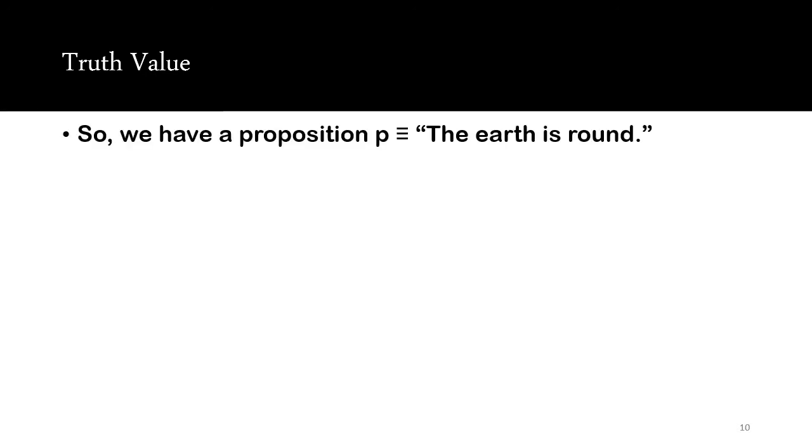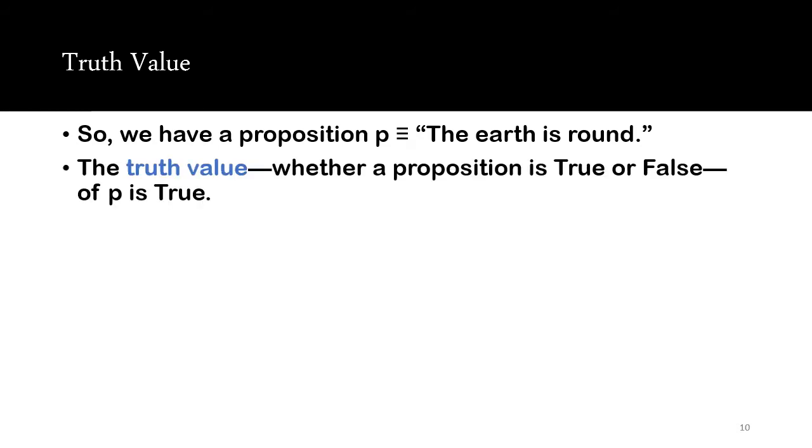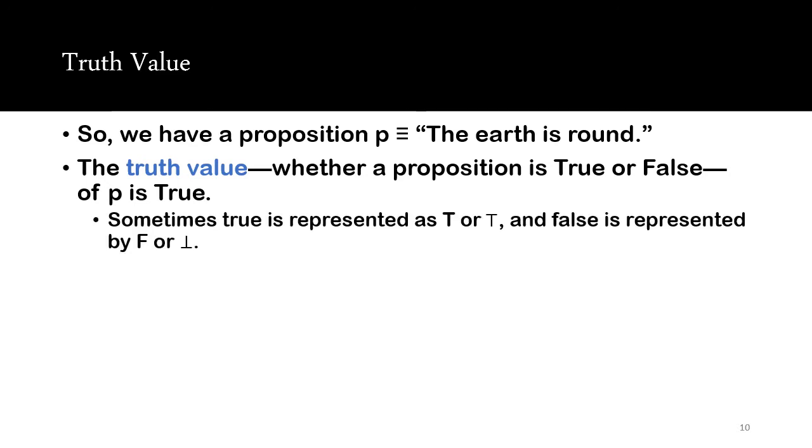But first, we gotta learn about truth value. I've been throwing it around, but now I'll explain it. It's really simple. So we have a proposition like before, the Earth is round. The truth value, whether a proposition is true or false, of P is true. That's all the truth value means. Nothing else, nothing more. So whenever you see this phrase, just remember, it's just whether it's true or false.